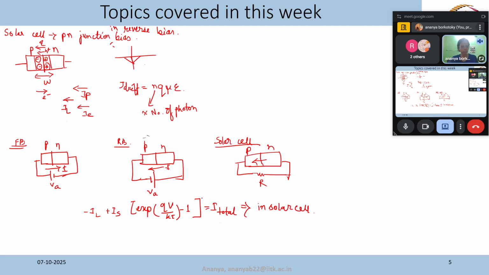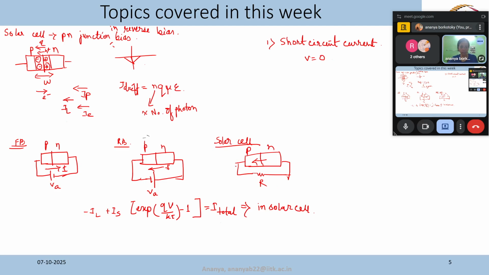There are a few terms associated with solar cells. So first is the short circuit current. Okay, this is when V is equal to 0, that means there is no load, R is equal to 0, so there is no voltage across this resistor, so V is also equal to 0.